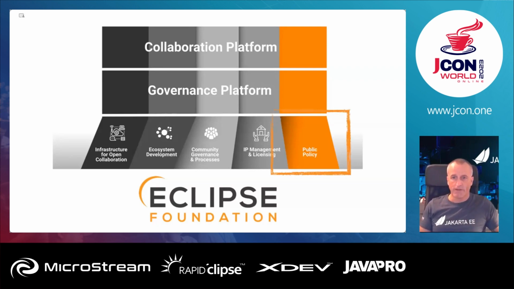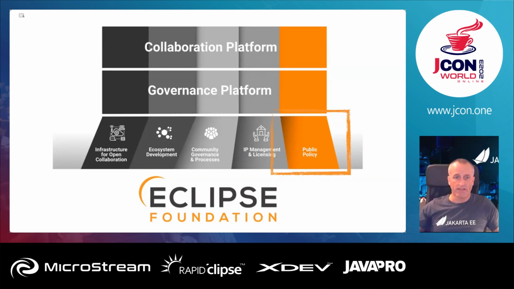So we're also building up some resources now around public policy. And the Eclipse Foundation, as a software foundation in the open source, is probably better equipped than most open source foundations, because we have the staff, the resources, and the practices around this. So this is just a matter of adding a new service to our already existing platform.